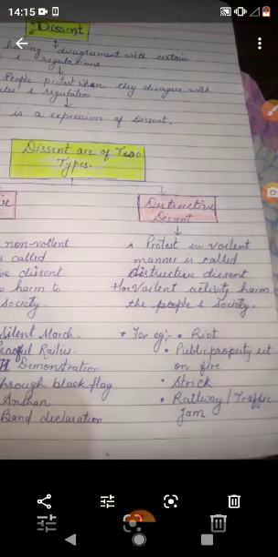Then another is, sometimes you may have observed that public properties are set on fire. We have seen this in the news, how people opposed the NRC, and during that time many of the activities were held in such a manner. Then strikes, and how strikes are harmful for the society.